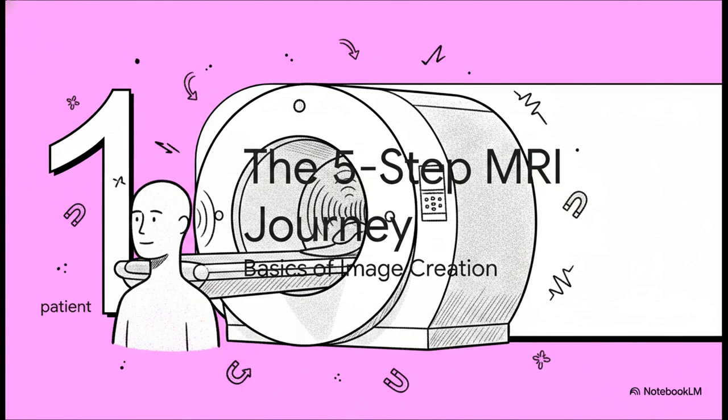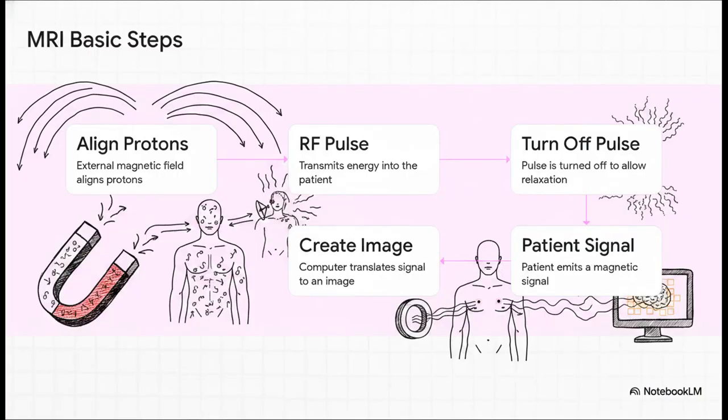Section 1, the 5-step MRI journey. Now, before we even touch the quantum mechanics of it all, we really need to ground ourselves in the practical sequence of events. Just picture a patient in the scanner room going in for their very first MRI. There are 5 foundational steps here that you absolutely must have memorized. First up, the scanner applies a massive external magnetic field, and this aligns the patient's protons.